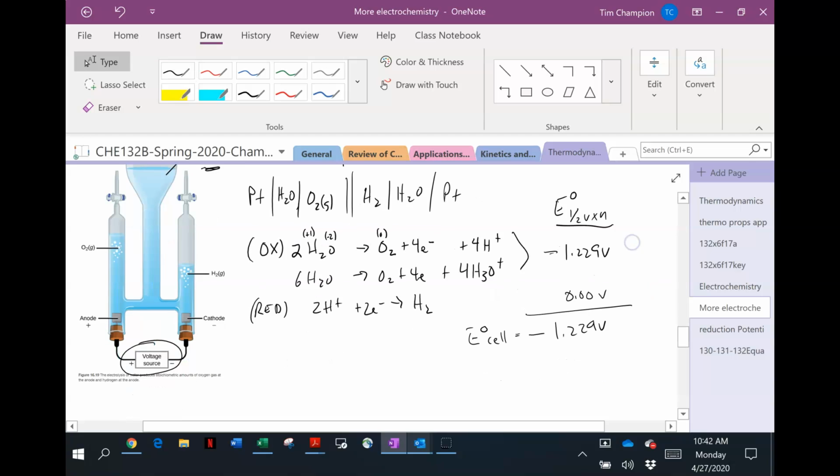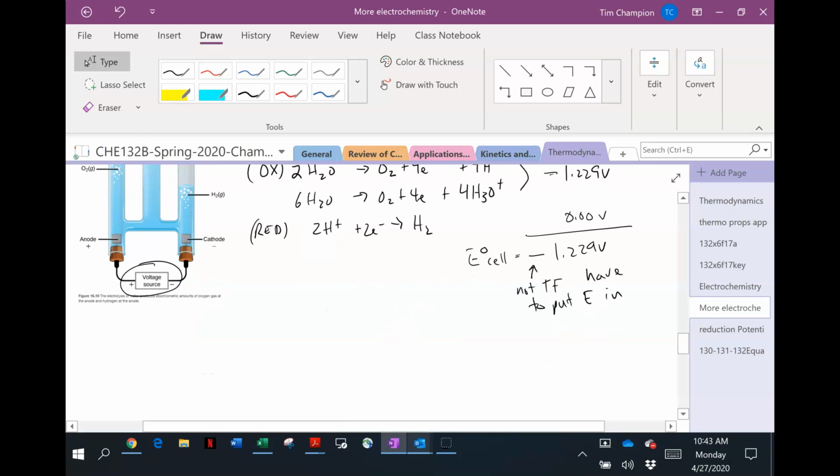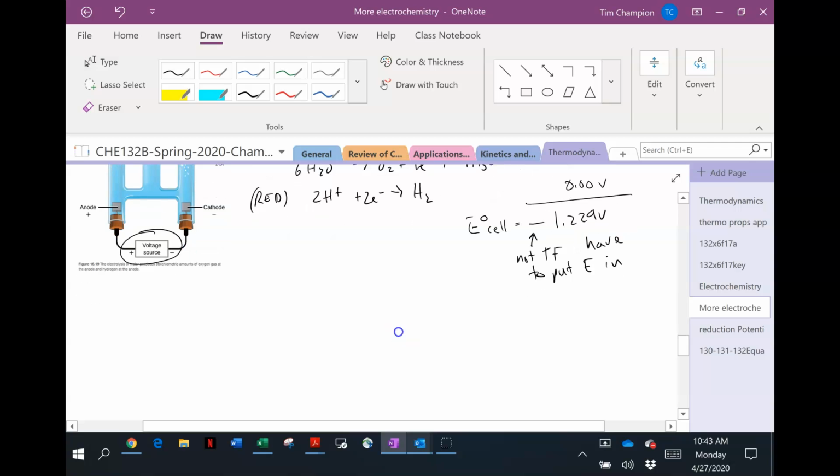And remember, that negative means this is not thermodynamically favorable, which means that we have to put energy in. That's not a startling result. I mean, you know that if you have a glass of water, hydrogen and oxygen gas aren't bubbling out of it. The way we produce the hydrogen and oxygen gas is if you put an electrical current through that, and it's got to be 1.229 volts worth at least.